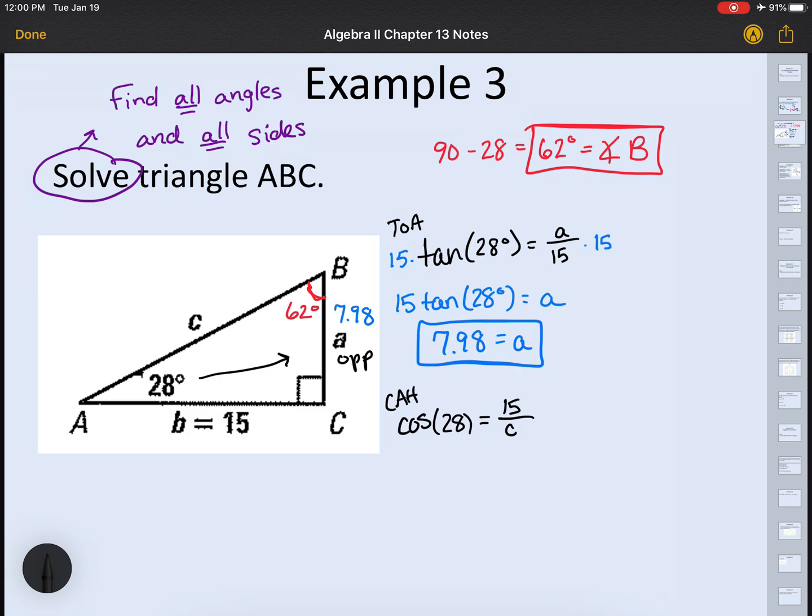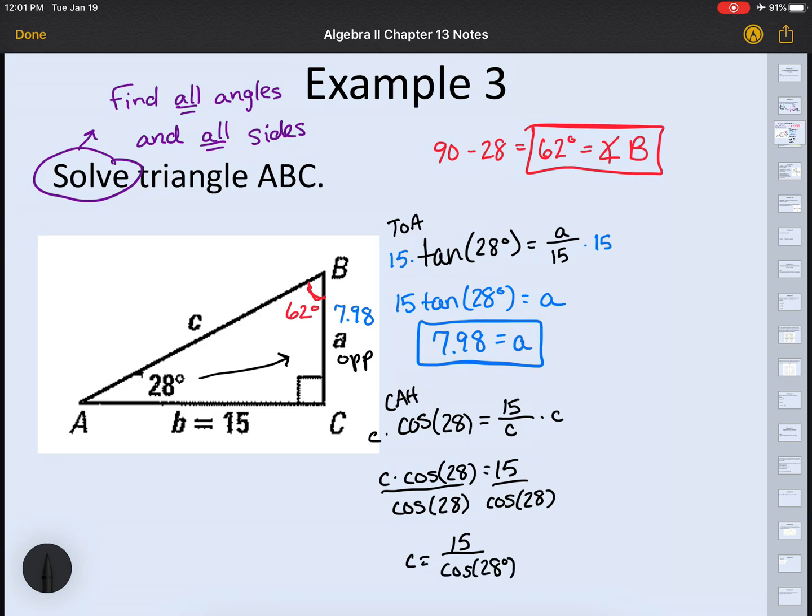Okay, so in order to figure this one out, I can multiply by C on both sides. So I got C times cosine 28 equals 15, but I can divide both sides by cosine 28 degrees. Okay, so C is going to be 15 over the cosine of 28 degrees.